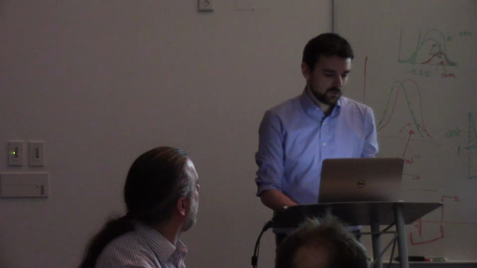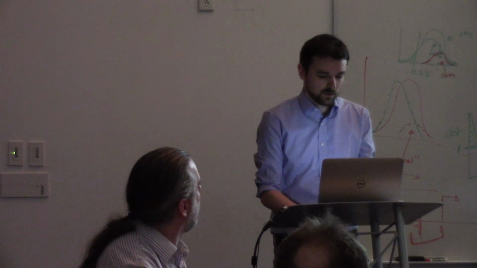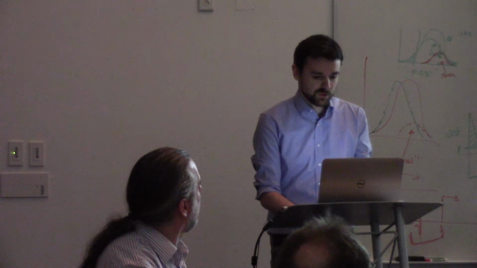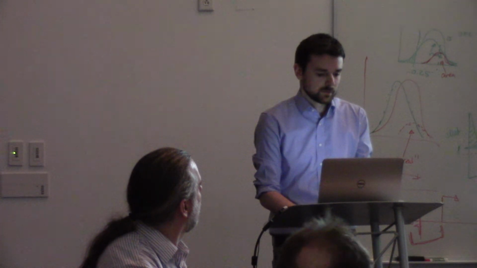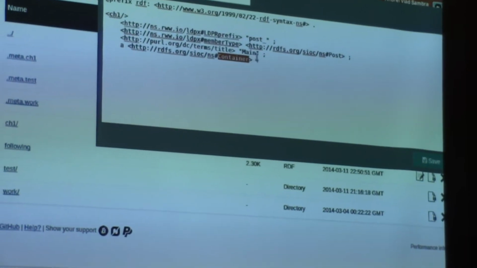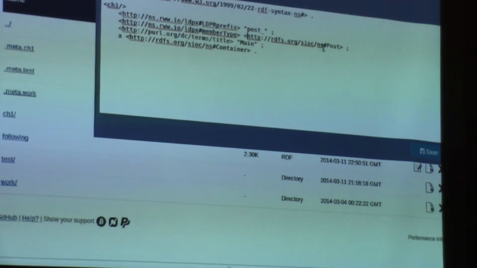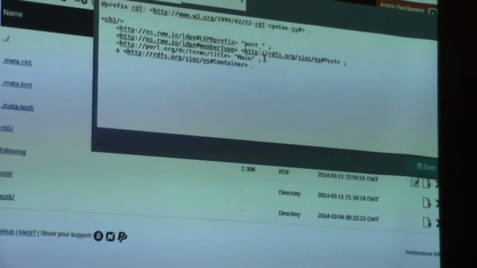But this post is actually found inside a channel, channel 1, which has some metadata. It says that this is a shock container, and it has a title and the set member types of that post with the specific versions.